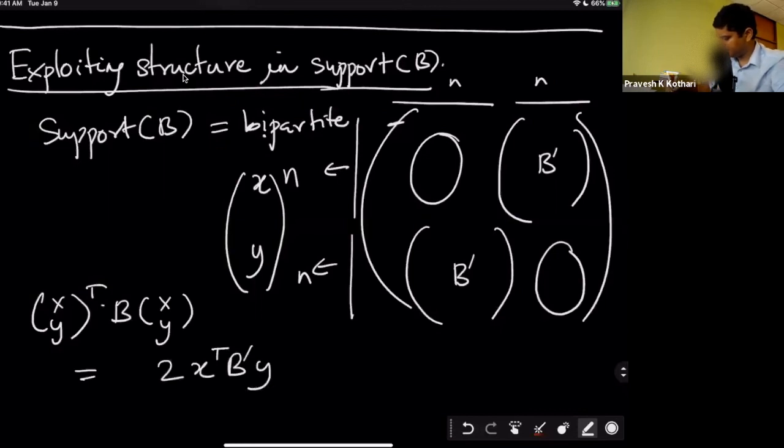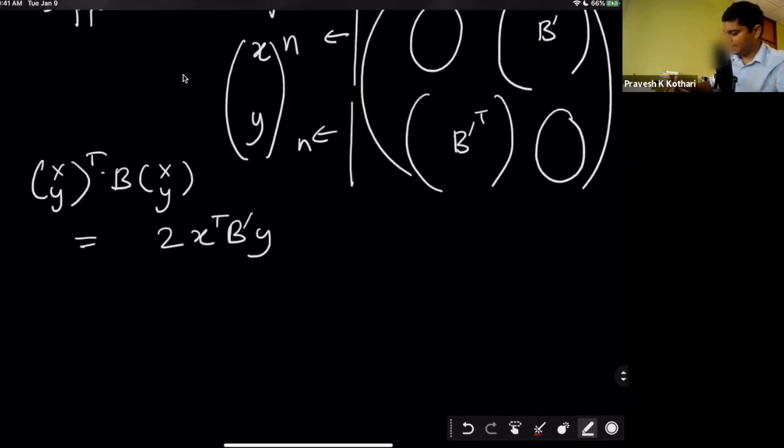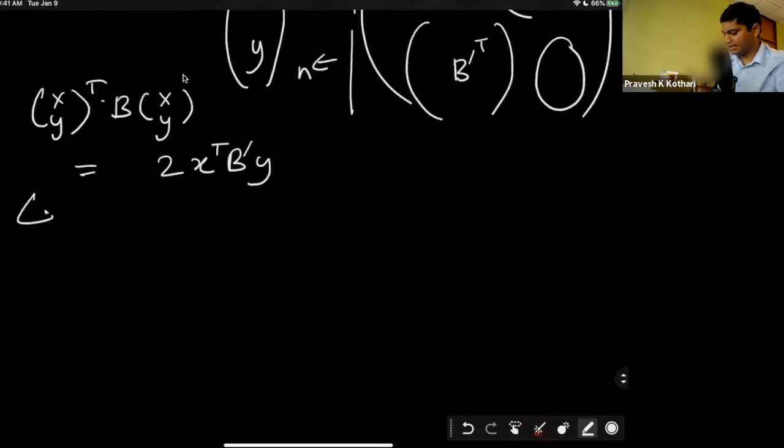Well, one of them should be transposed. The point is that only these off-diagonal blocks contribute. So equivalently, this is the problem, and this is the formulation I'm going to use because it saves me notation.